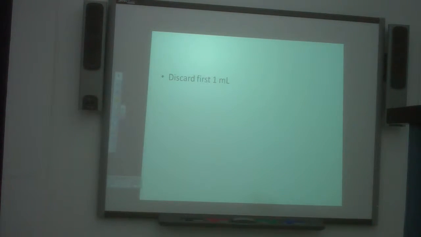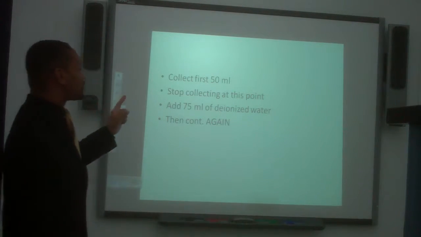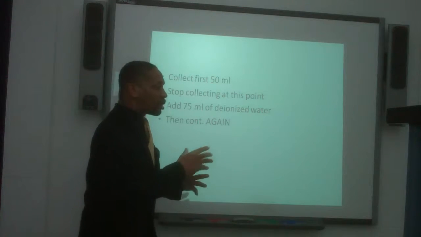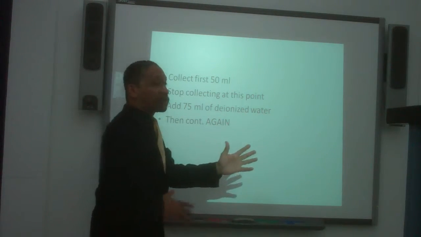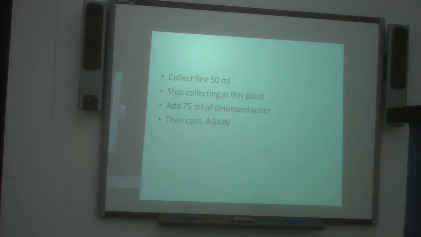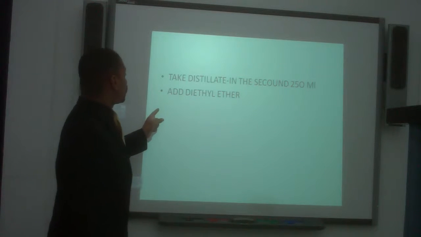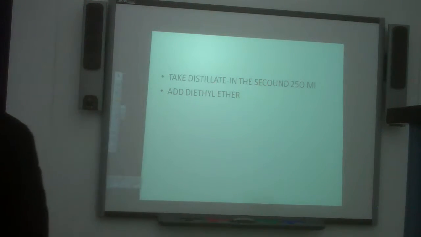And you have to first discard the 1 milliliter when boiling. Collect the first 50 mLs and stop collecting at this point. Meaning you have to start the distillation and then stop it. Add 75 milliliters of deionized water and then continue again. Take the distillate in the second 250, add diethyl ether.